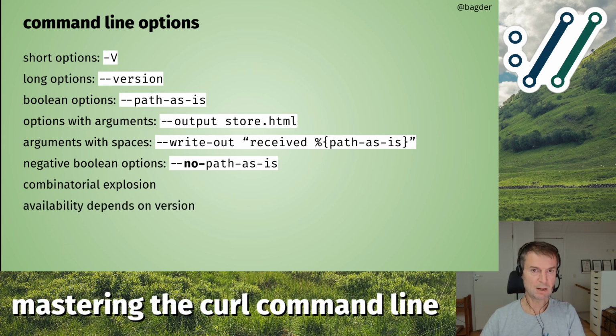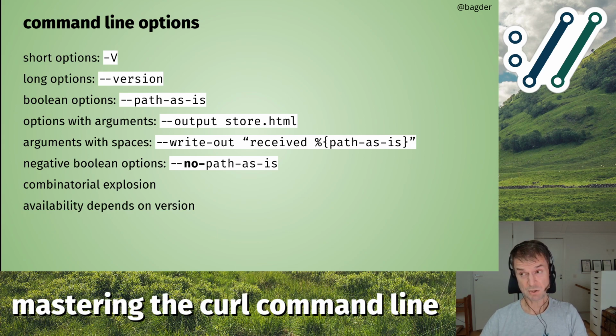Which particular options are available will depend on the particular version that you have installed, because we keep adding new command line options all the time. We add them at a rate of about 10 per year.